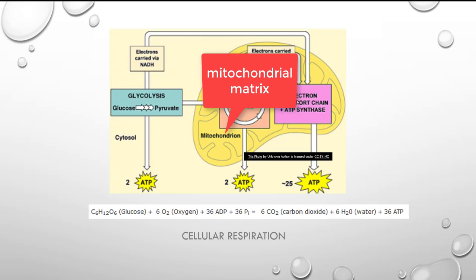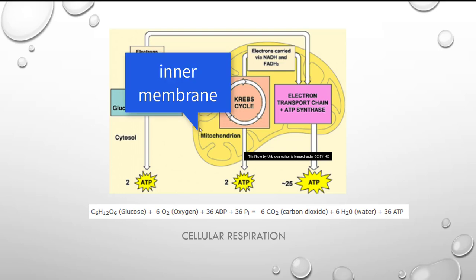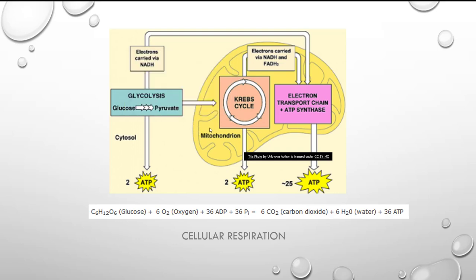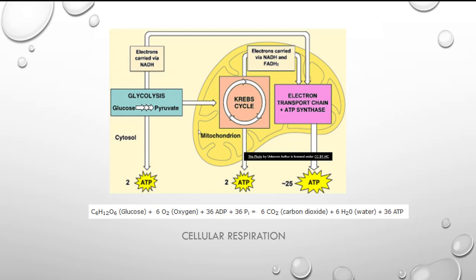The electron transport chain will take place in the inner membrane right here. Okay, so this is the outer membrane, this is the inner membrane, this is the mitochondrial matrix, and this is the intermembrane space. So we're going to be talking about this inner membrane, and this is where the electron transport chain will take place.